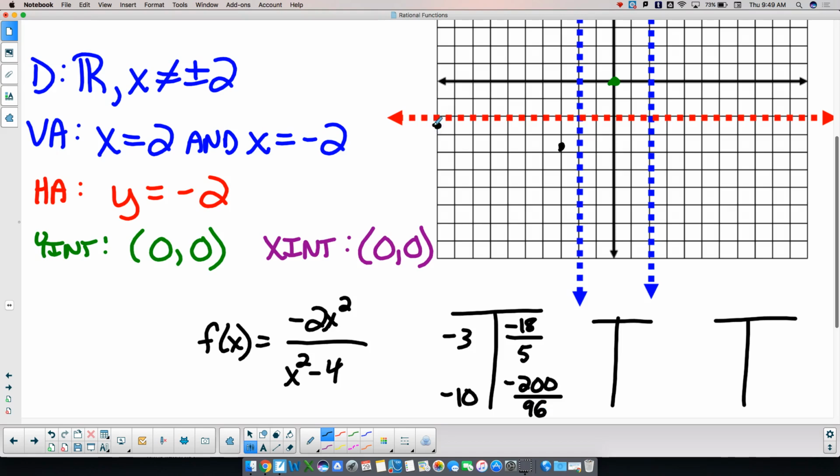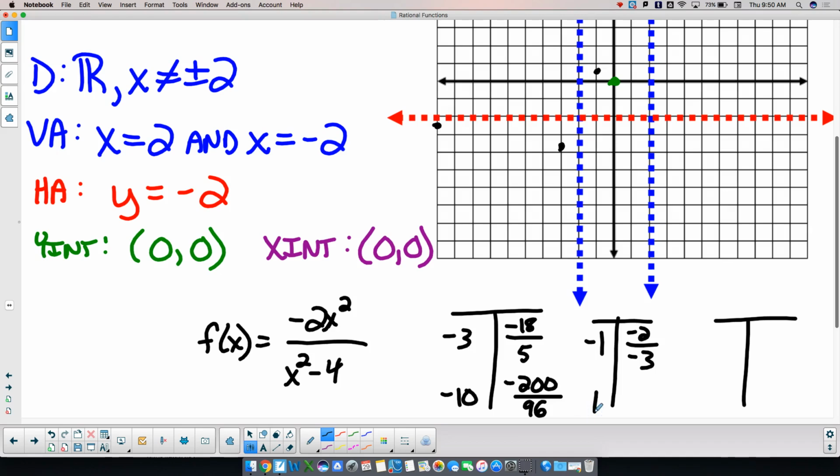So it's in there. If I put in negative 1, I get negative 2 over negative 3, which is positive 2/3.